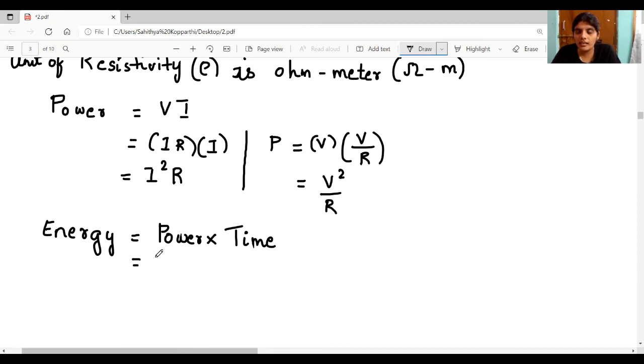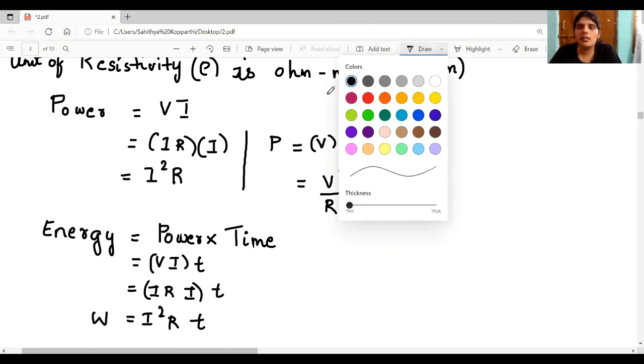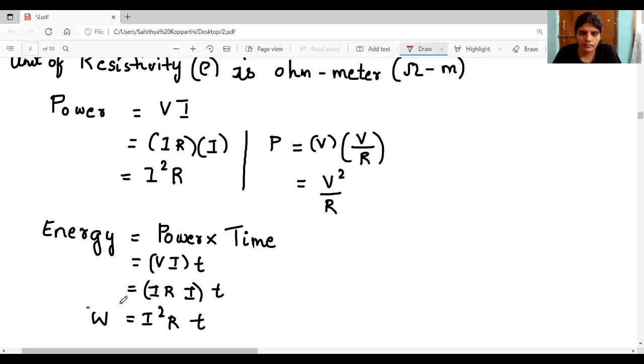So in the place of power, substitute VI into T, or in the place of V substitute IR using Ohm's law, IR into I into T. So this is the heat energy, I square R T. Energy is measured in joules, power is measured in watts.